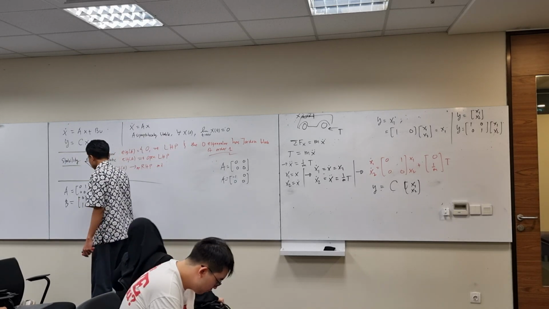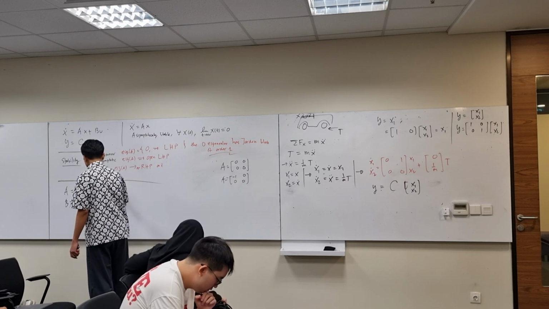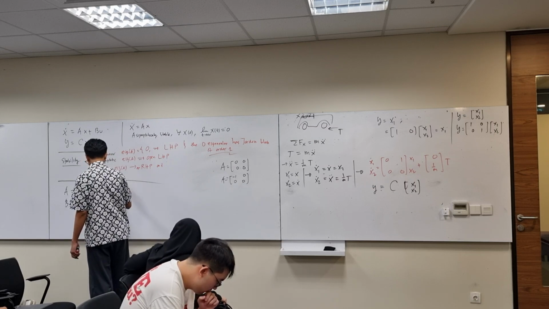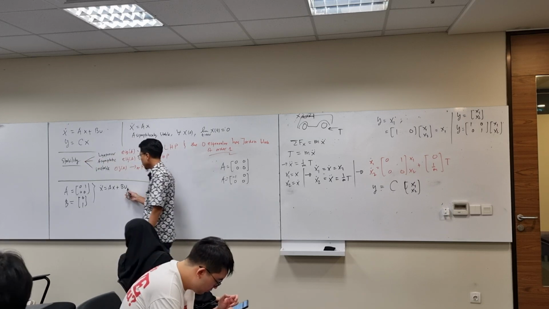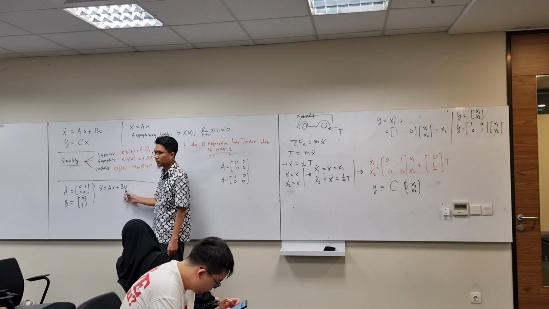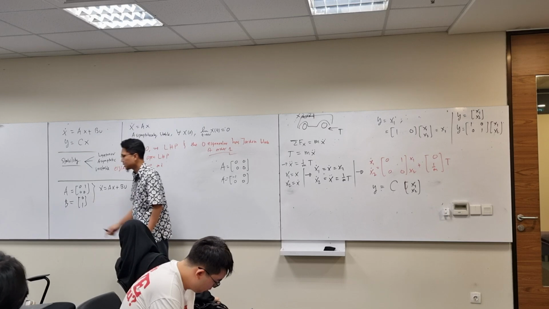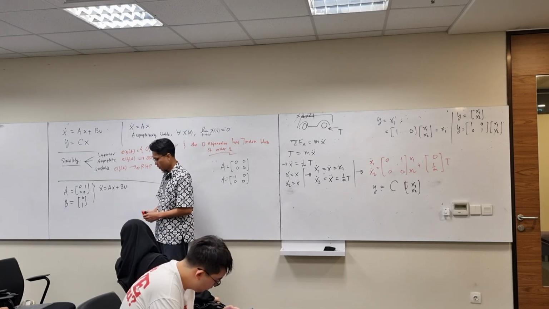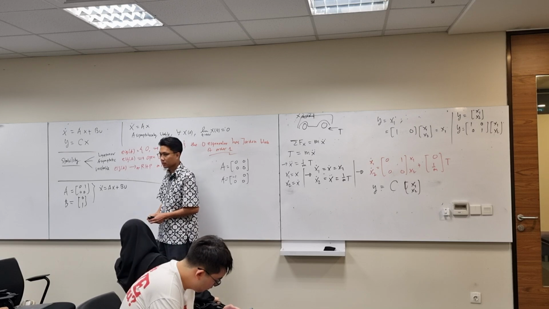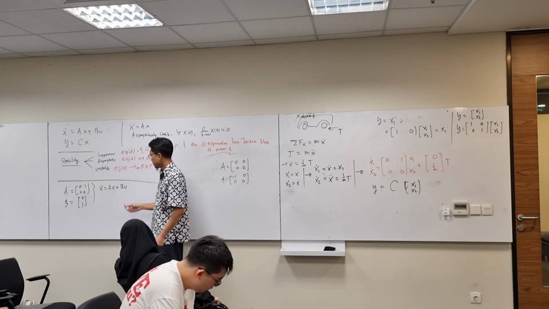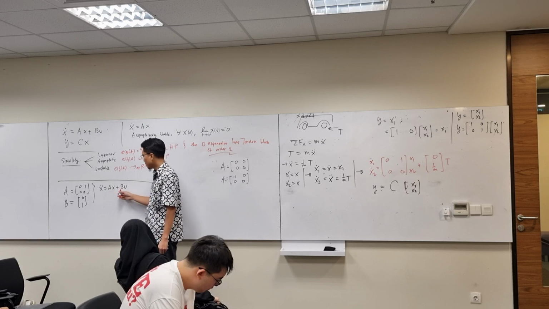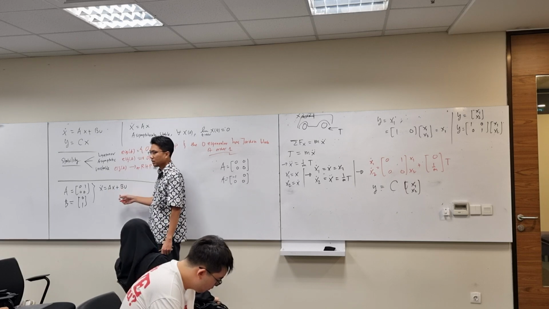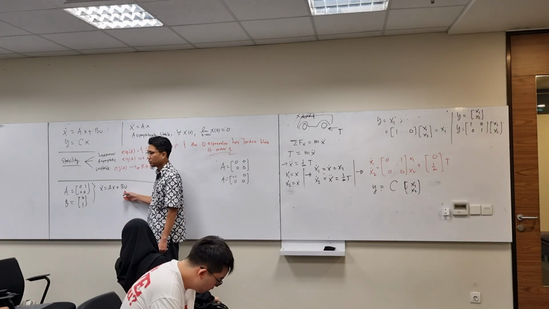How do we make this system stable with an input U, the control input? Any idea? I cannot change A, and B also cannot change. What U do we need to use here?